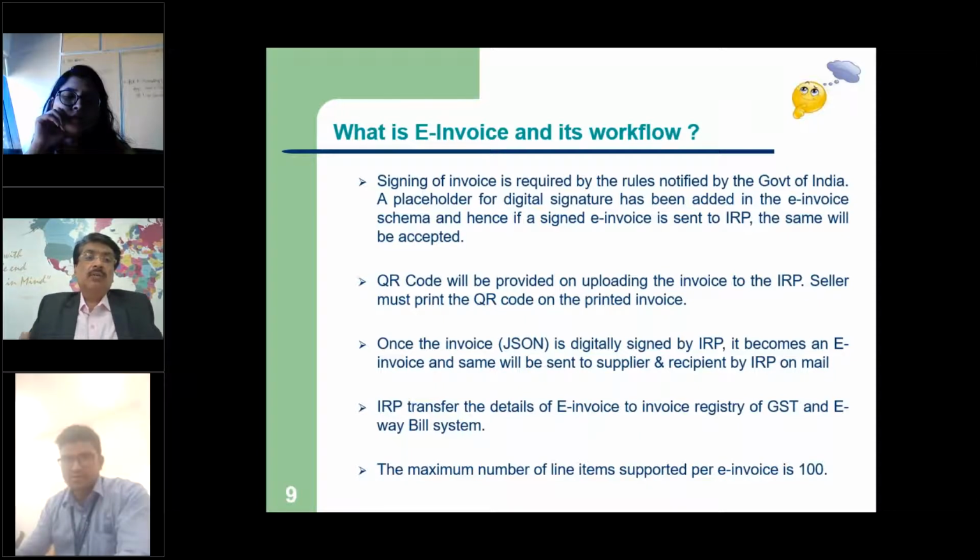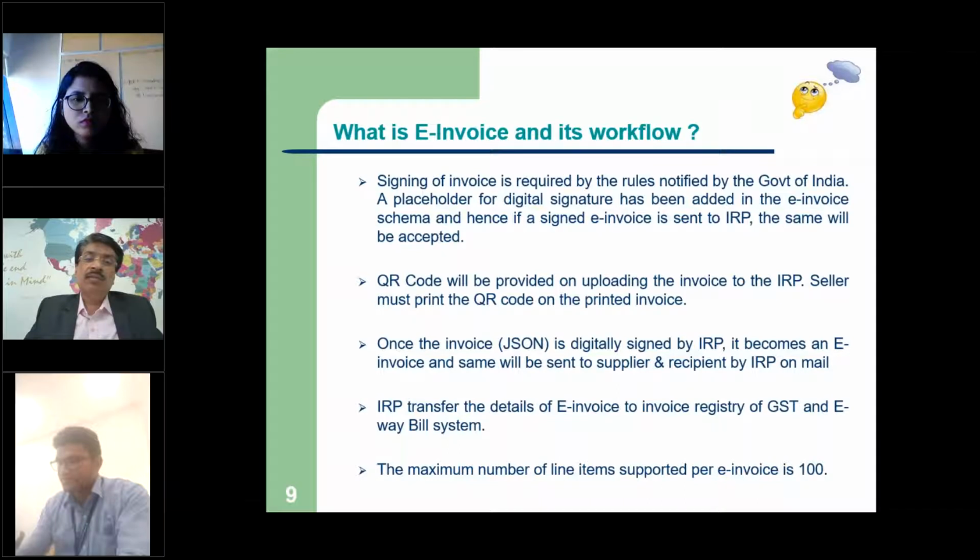Correct? As soon as the e-invoice data is signed by the IRP, the government approves the data, the schema, the validation fields, the basic information which is required to generate the e-invoice. Once that data is available and the e-invoice is generated, it is digitally signed.